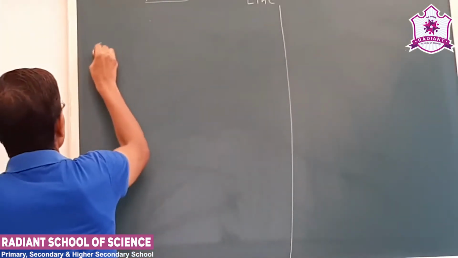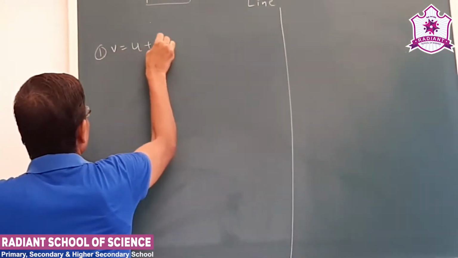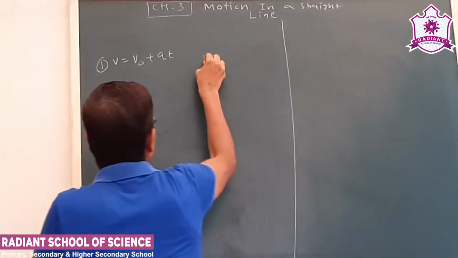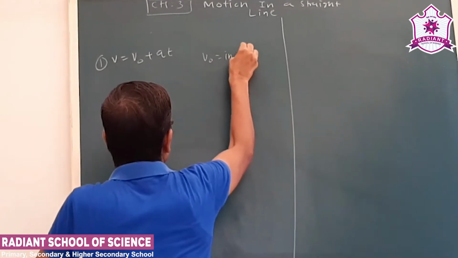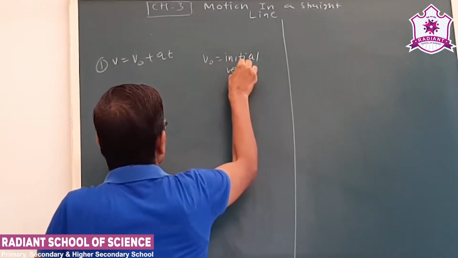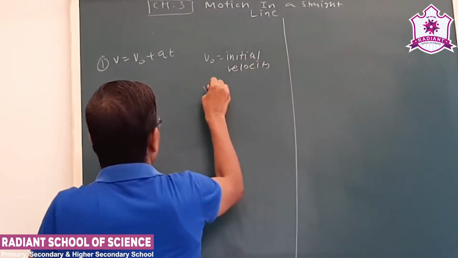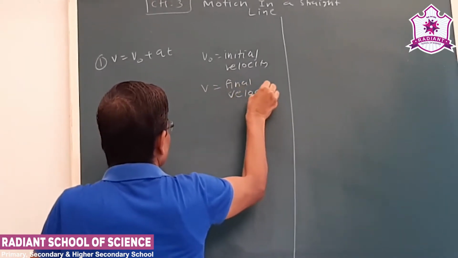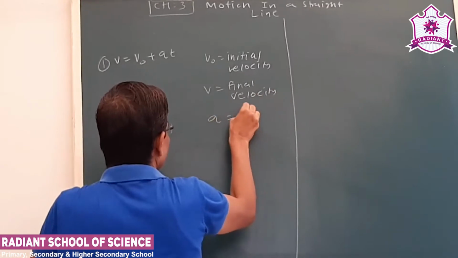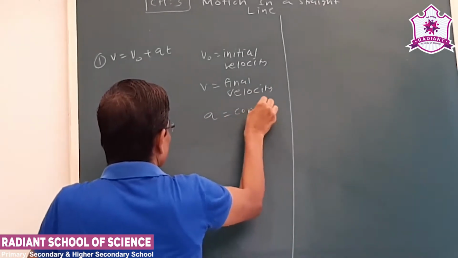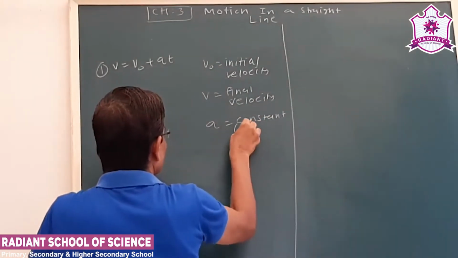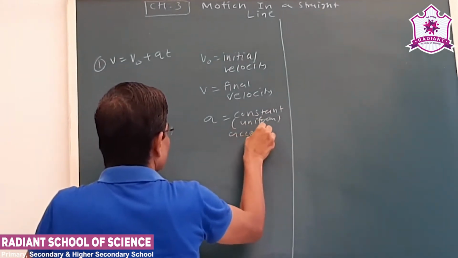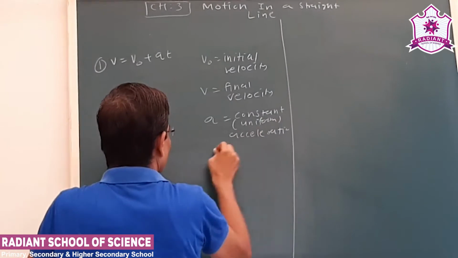The first is v equals u plus at, or v equals v naught plus at, where v0 is the initial velocity, v is the final velocity, a is the constant or uniform acceleration, and t is time.